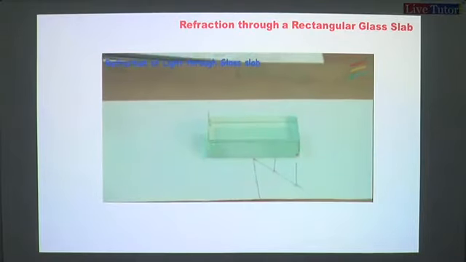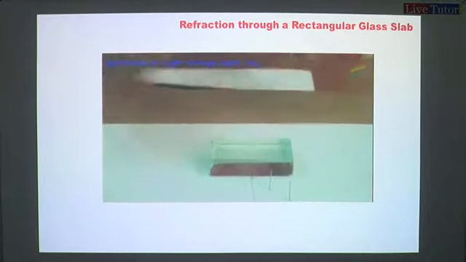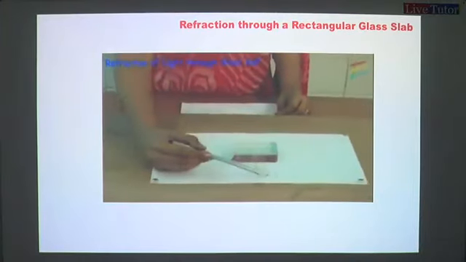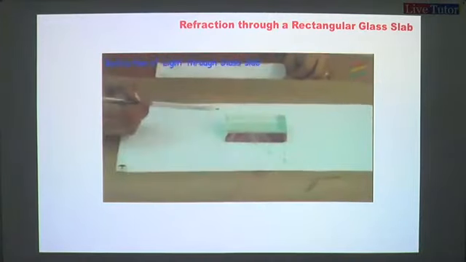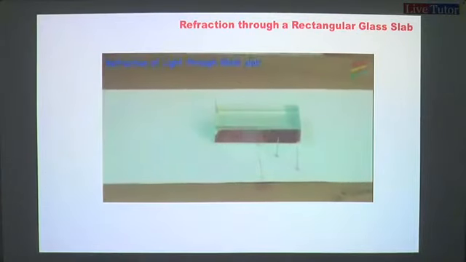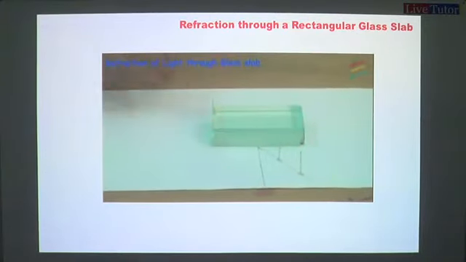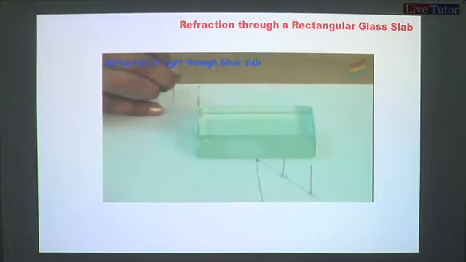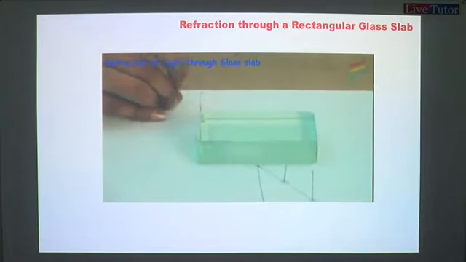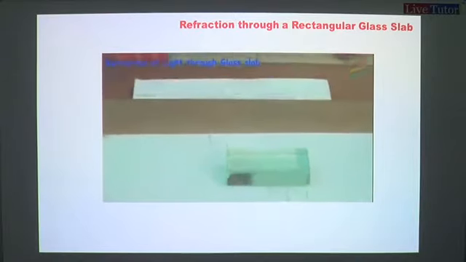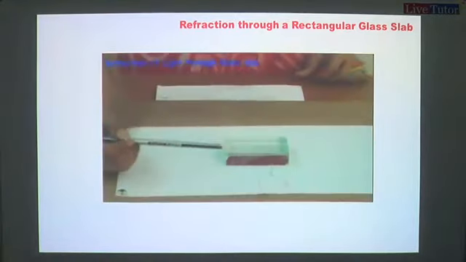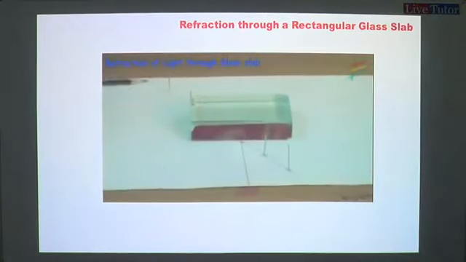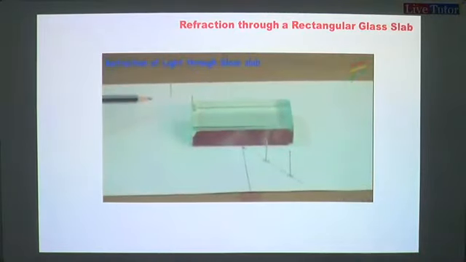Similarly, we will take another metal pin and place it after I observe the images of these two pins and the position of the third pin. The point is that all these pins are aligning in the same line.